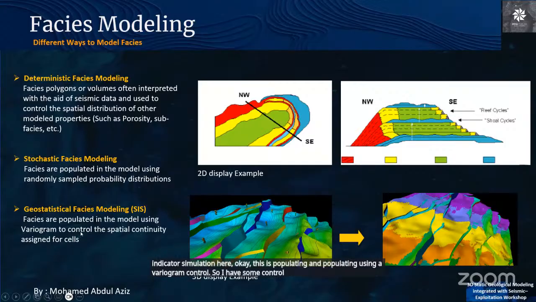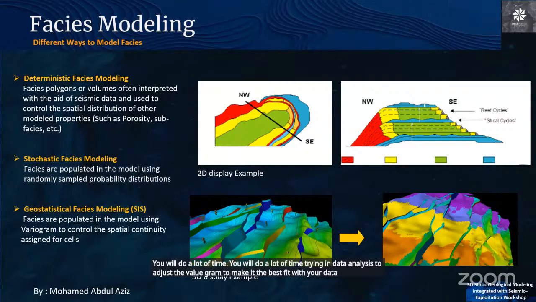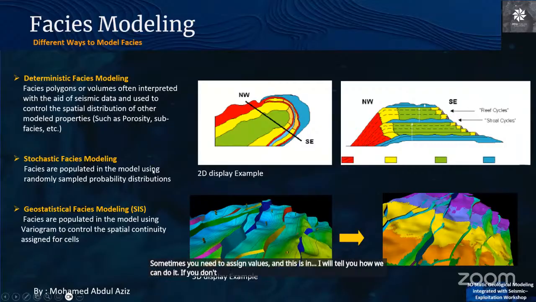As I mentioned to you, if you understand the variogram algorithm well, you will spend a lot of time in data analysis trying to adjust the variogram to make it the best fit with your available data. Okay. Sometimes you need to assign values. I will tell you how we can do it if you don't need to populate some property.